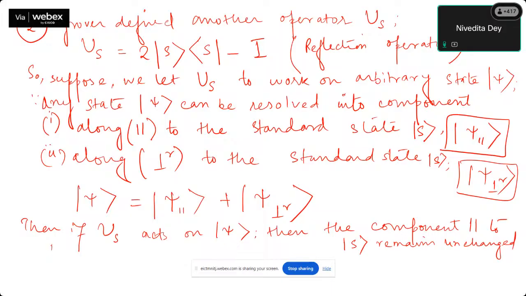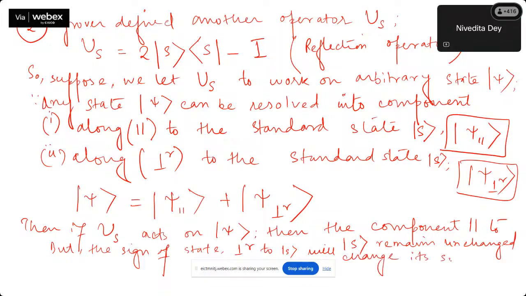But the sign of the state parallel to S will change its sign, because the outer product of ket S bra S will be equal to 0.